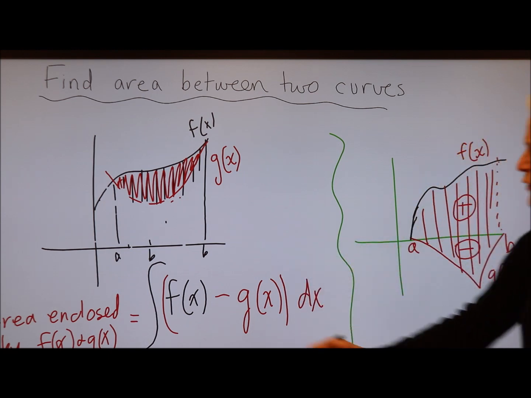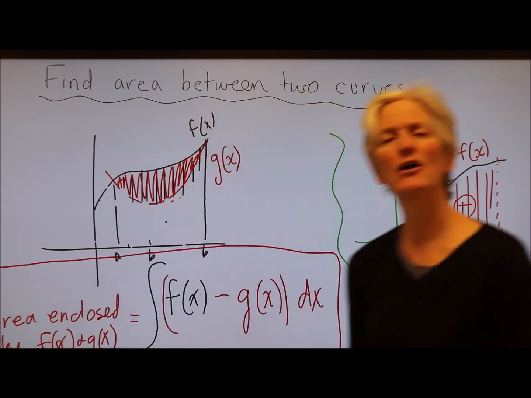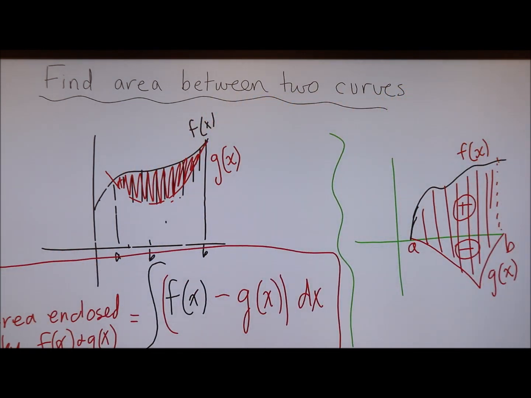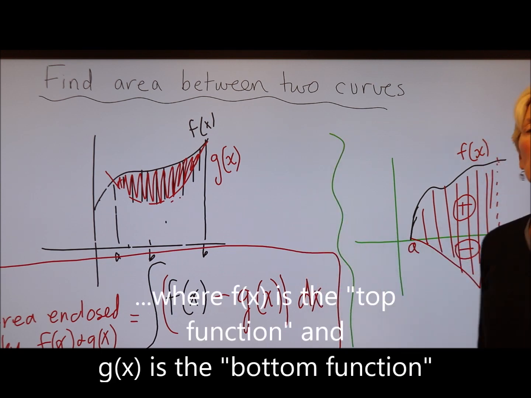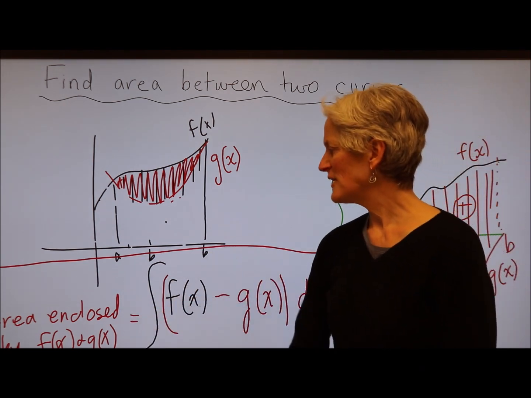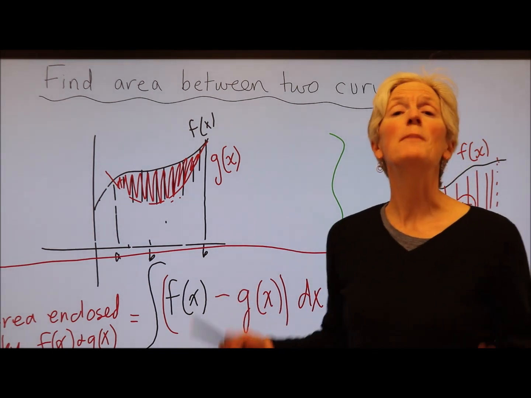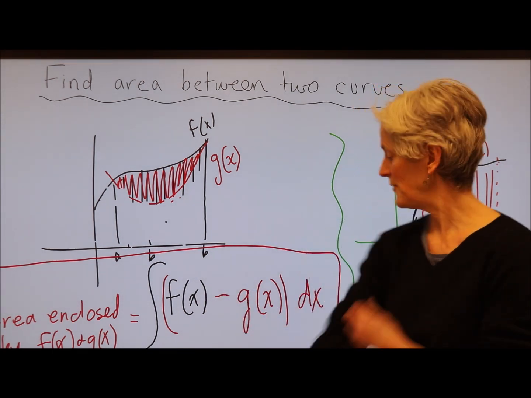So this equation works to find the area enclosed by two curves, regardless of where the curves are in space on the xy axis. Isn't that kind of cool? And of course, if I am asking for area, our answer is always going to be positive. Area by definition is positive.